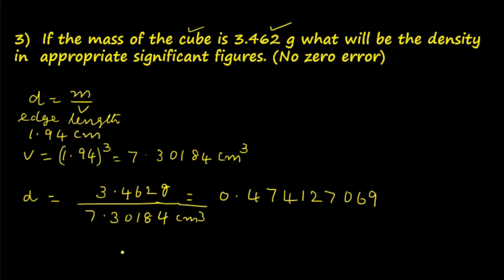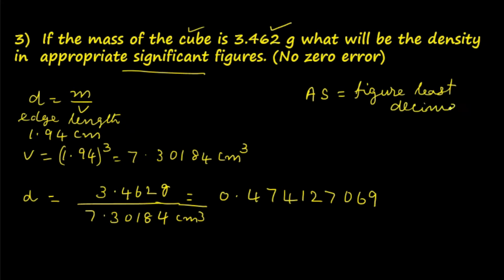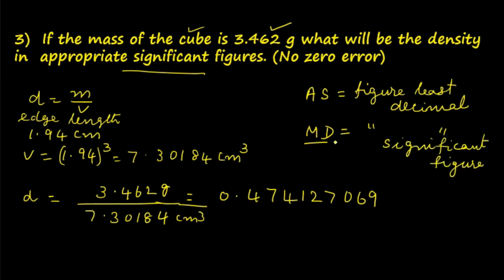Before we give the final value, we have to consider the appropriate significant figures. I hope you know the trick. For addition and subtraction, we consider the figure with the least decimal places. And for multiplication and division, we consider the figure with the least significant figures. Here it is multiplication and division, so we consider the least number of significant figures.